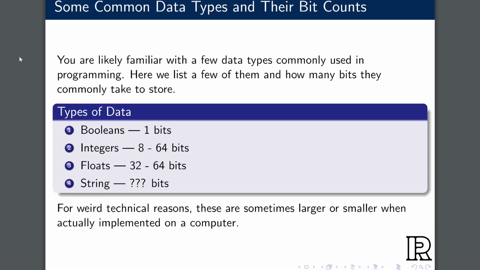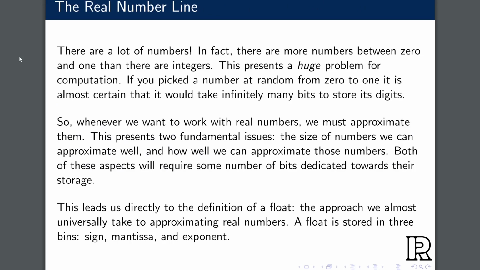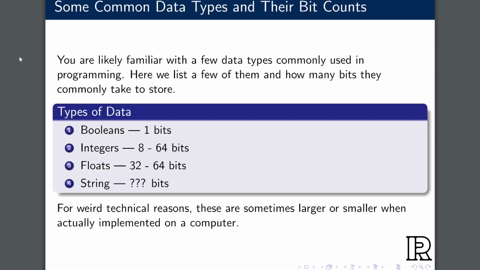So again, I'm saying that 1 bit is enough to store the difference between true and false, and yet I'm saying that we're storing integers using these number of bits. I haven't really explained exactly how one would go about storing an integer using only bits, but we'll get to that in a bit.